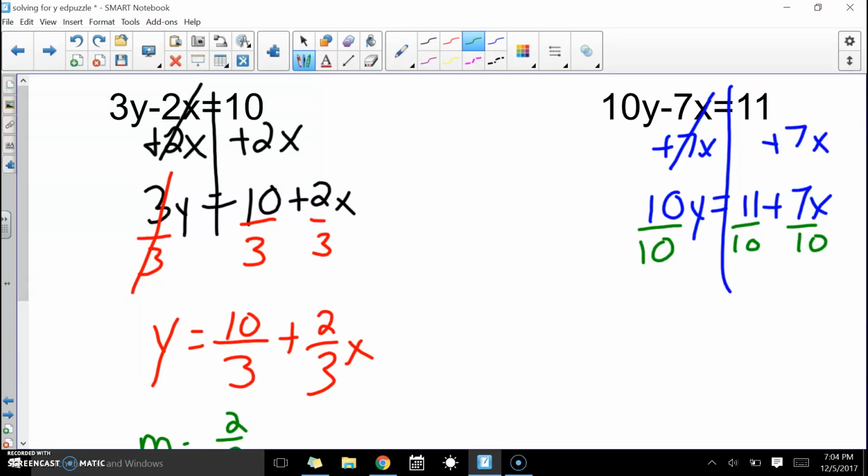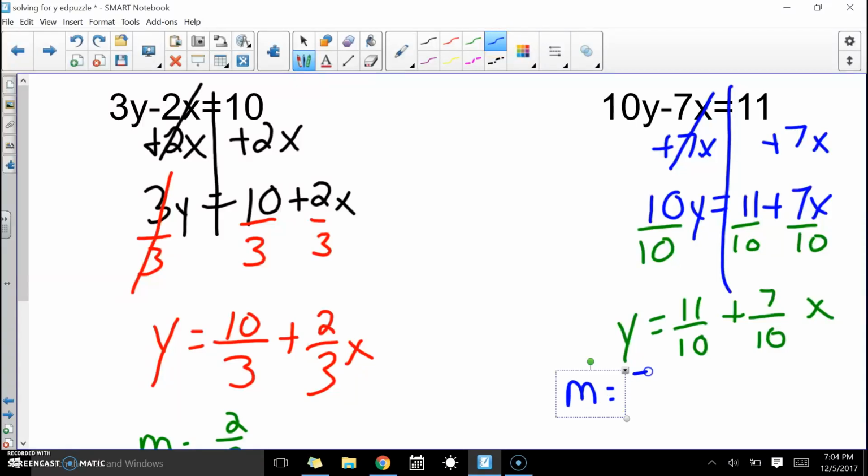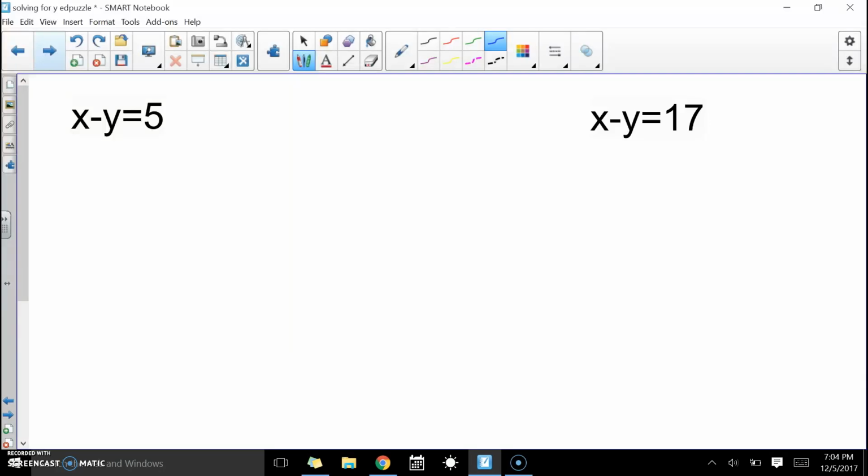These don't simplify anymore, so I'm left with y equals 11 over 10 plus 7 over 10x. My m is 7 over 10, and my b is 11 over 10. Okay, let's look at the next problem.